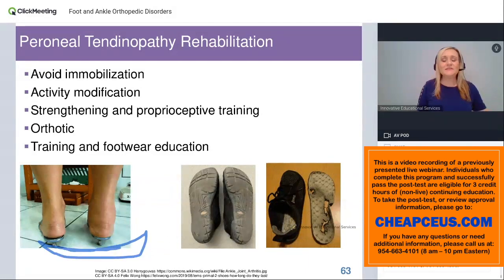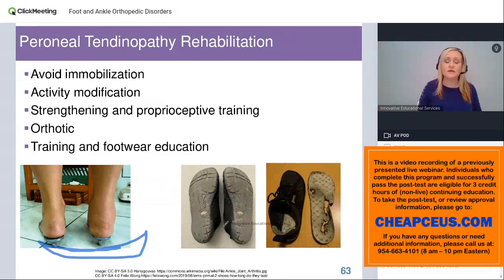This is an individual. I know we can't always go by the shoes, but it really shows us someone whose peroneals are not functioning. They are going too much into supination. So this might be someone who needs an orthotic in order to realign that foot to allow those peroneals to not have to work through such a significant range of motion in order to stabilize.